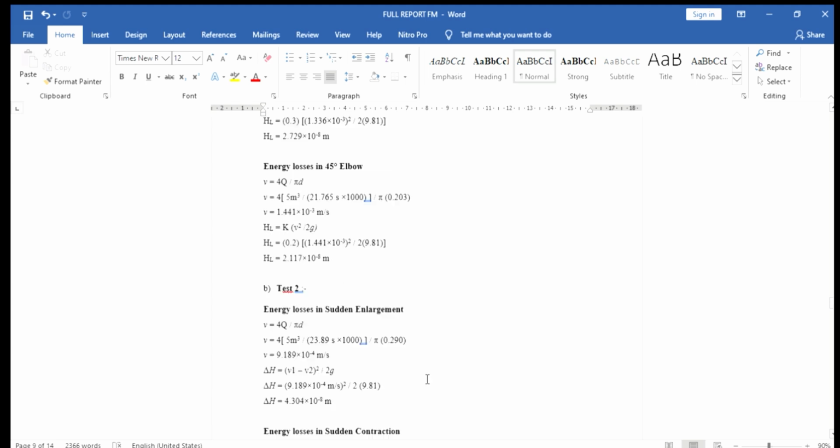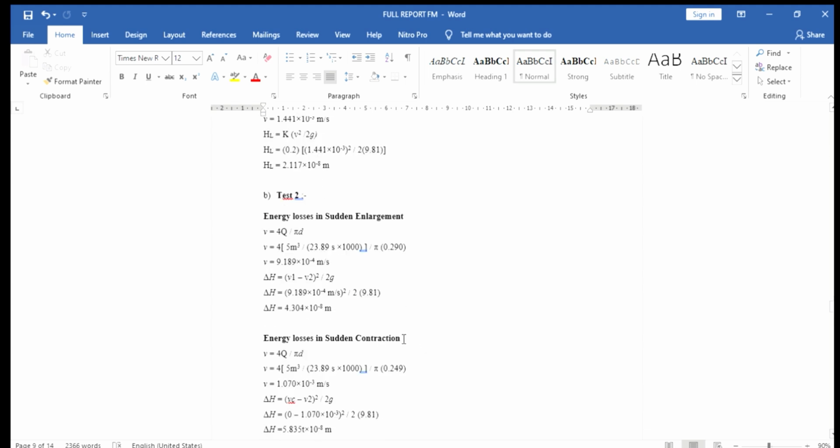Next, for the formula for all fittings is the same, but the change is in the time. So for the flow rate we must recalculate and replace the value for time to find the new flow rate.